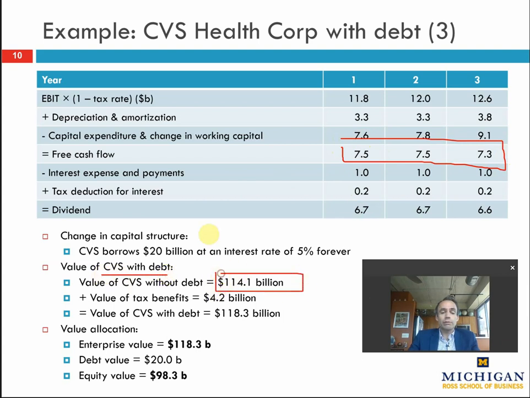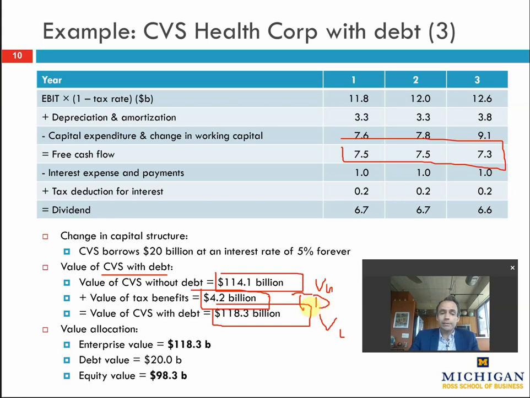That was $114.1 billion. The value of the tax benefit is $4.2 billion, and that means that the enterprise value is now $118.3 billion. That's the value of CVS as an enterprise once we've put debt into the capital structure. That is VL, this is VU, and this is tau, the corporate tax rate, times the amount of debt.